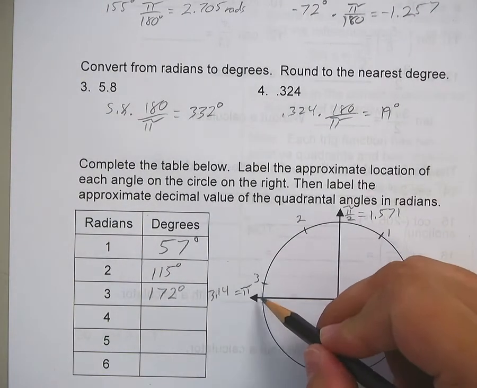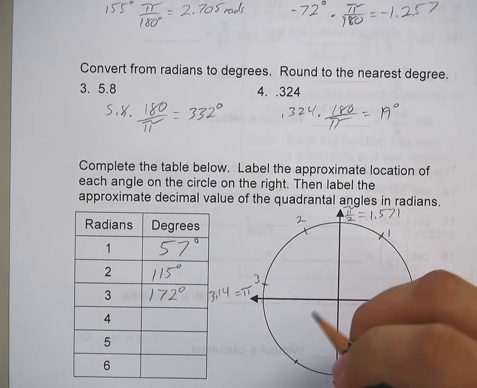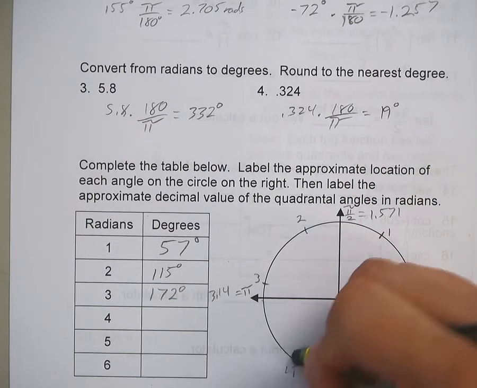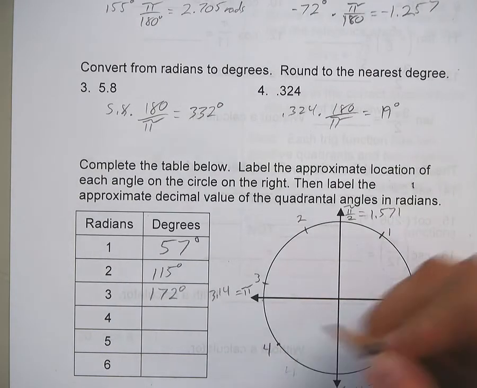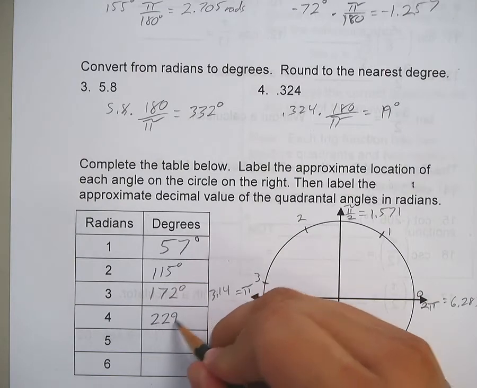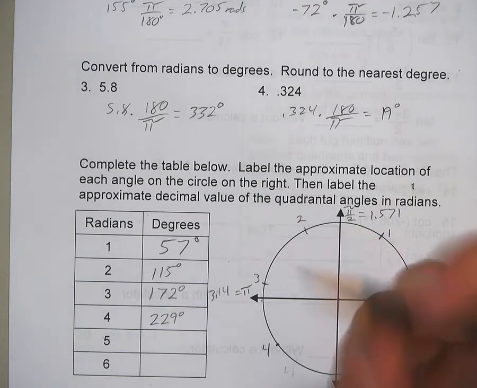Then you've got 180 degrees at 3.14. Say here at 4 radians, we have approximately 229 degrees. Again, that's 57.3 times 4, rounding up.